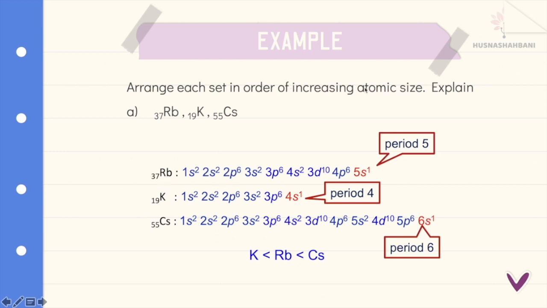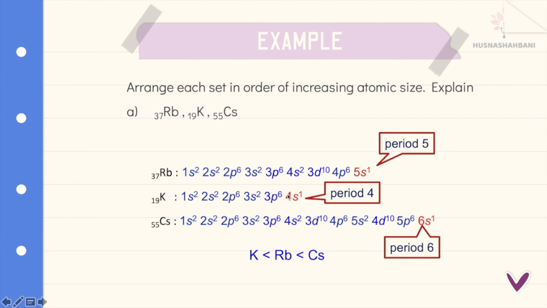Then increasing atomic size. For potassium, n equals 4; rubidium, n equals 5; cesium, n equals 6.